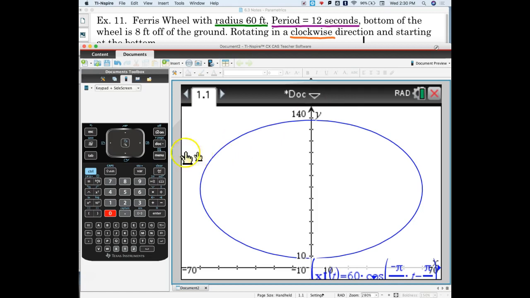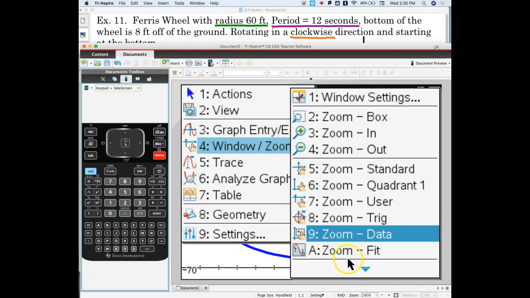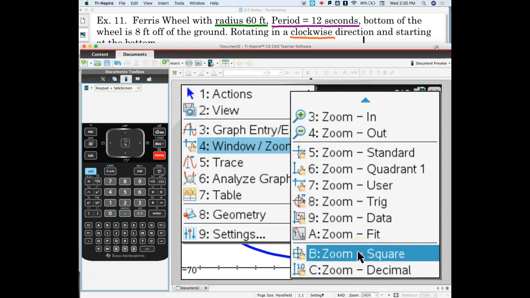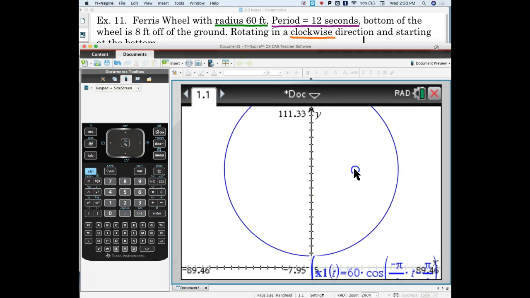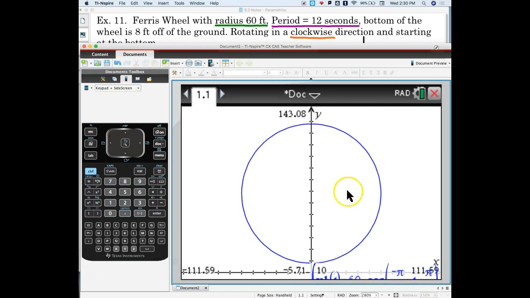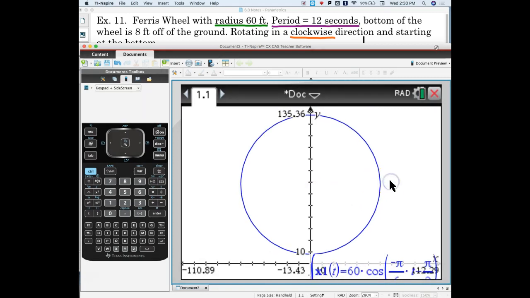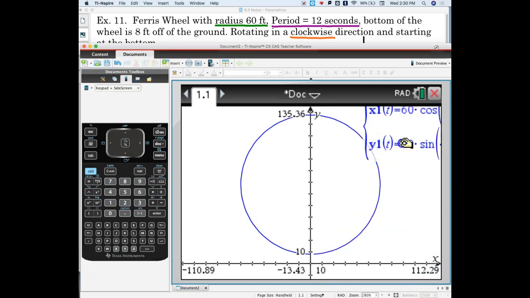But if you need to actually see that, you can go Window, Zoom, scroll all the way down, and square up your window. Then grab onto your axes and pull it back a little bit, and shabam, there you go. Now you've got yourself a nice, beautiful, wonderful circle that is your Ferris wheel.